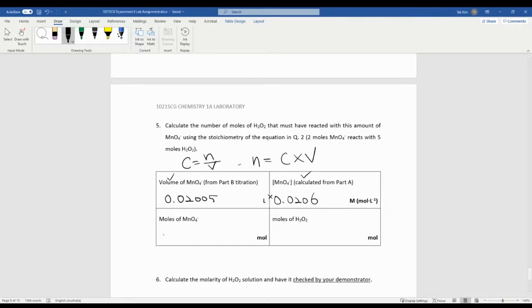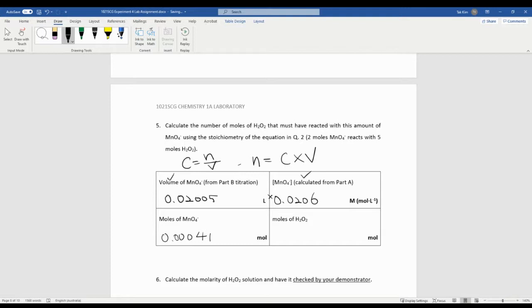I have 4.0041. So that is the number. I'm going to check. So it should put 0. That is the number of moles.